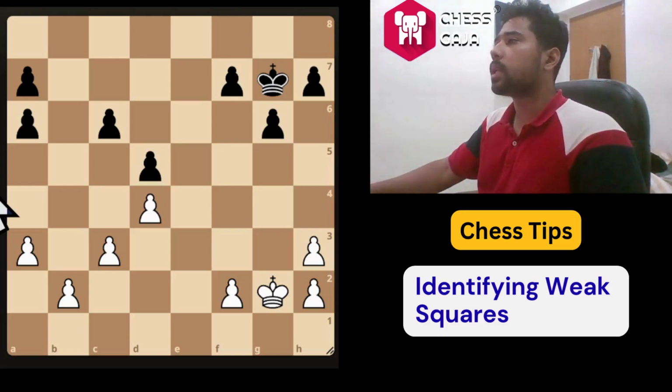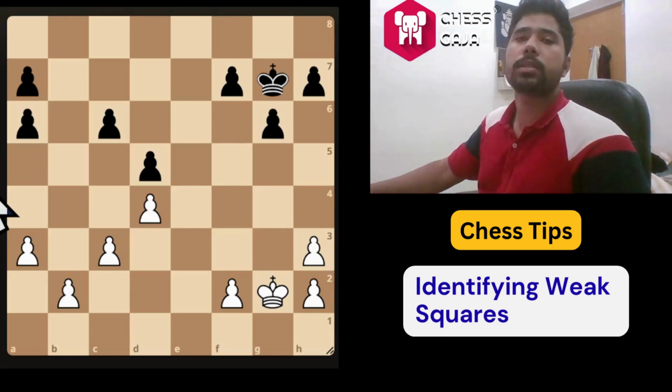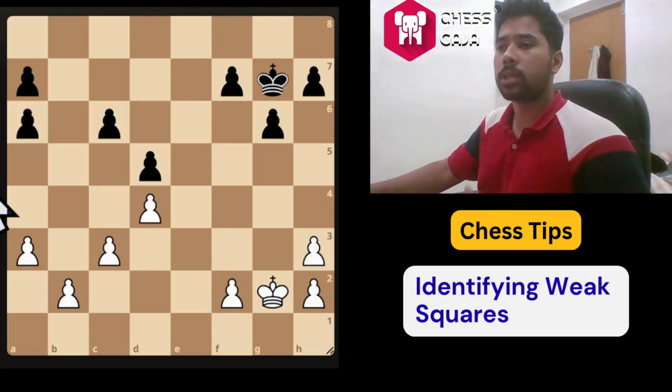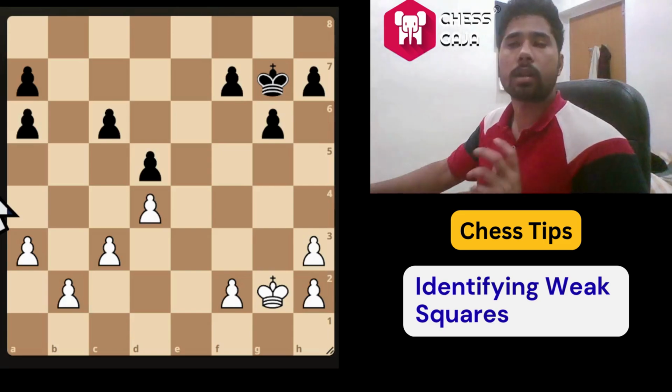And let me tell you, here the weak squares are usually always before the weak pawns. So any weak pawn, and we have learned the concept of weak pawns and pieces in our previous videos, we know that the squares in front of them are always weak.